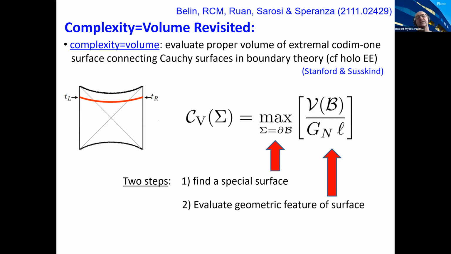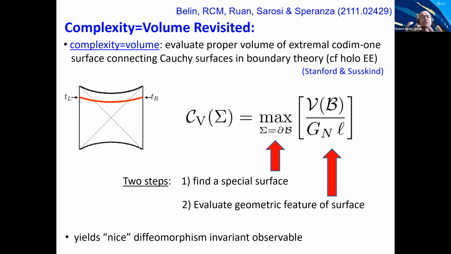And then the second thing I'm doing is I'm saying, okay, given that special surface, I'm evaluating a particular geometric feature, namely the volume. And then I'm saying that volume, that number that I get when I evaluate this quantity on that surface, is a measure of the complexity. But what it's really doing is it's a framework to build a nice diffeomorphism invariant observable.